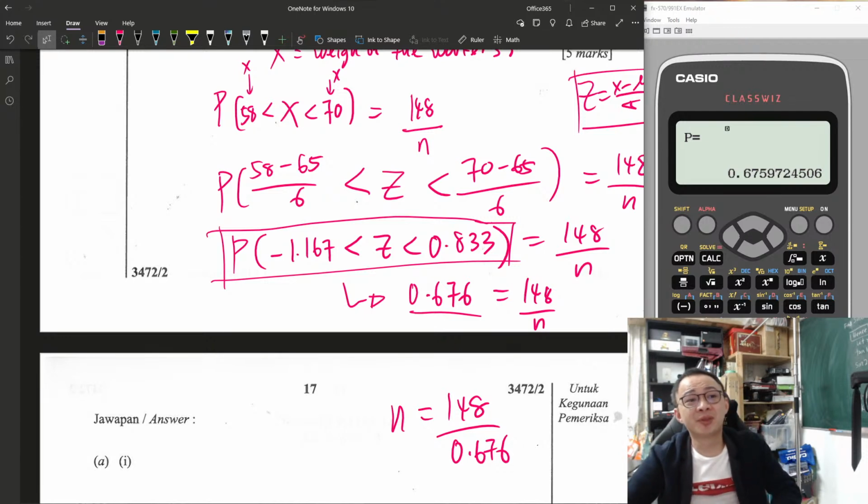Normally I think SPM will give a specific range for your last third decimal or something like that. So I guess a 0.001 difference should be totally fine, in my opinion. No need to worry, because the calculator value is normally more accurate than your table value. I don't think the SPM examiner will minus marks if your answer is over accurate.